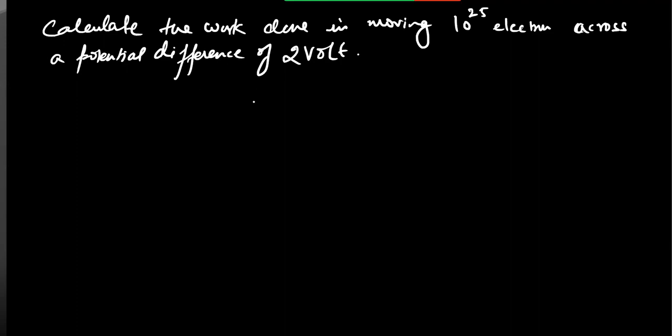Done. So what should be the answer? What is being given to you? Number of electrons is given, that is 10 to the power 25. W we need to find. V is given, that is 2 volt.